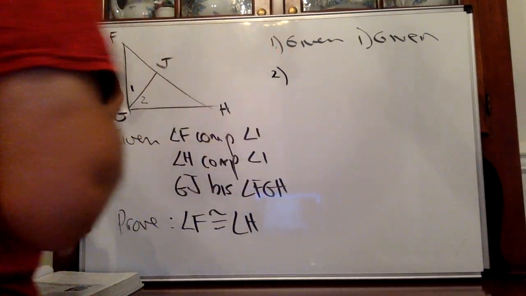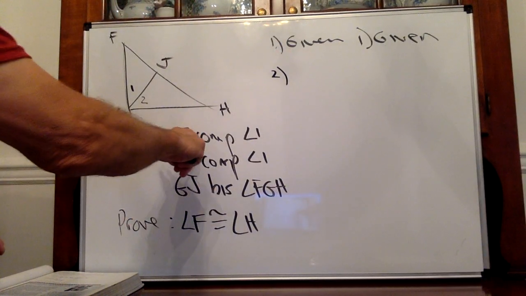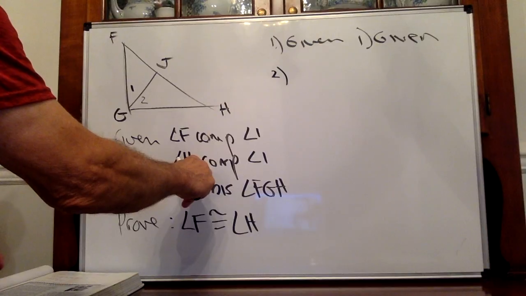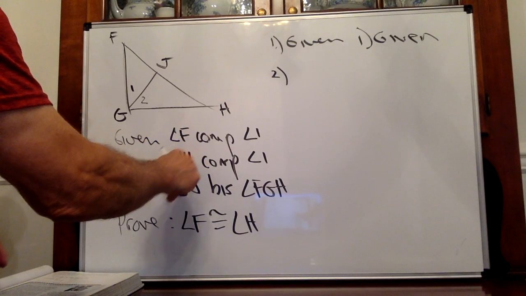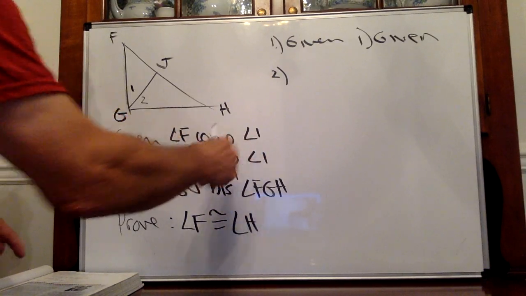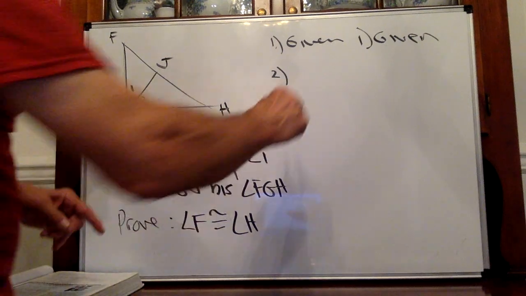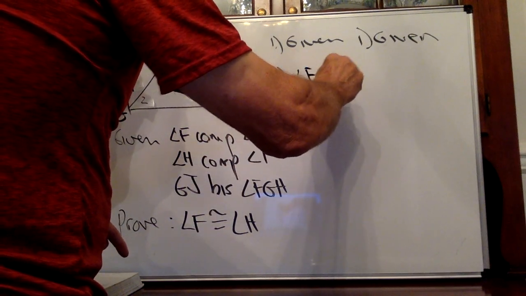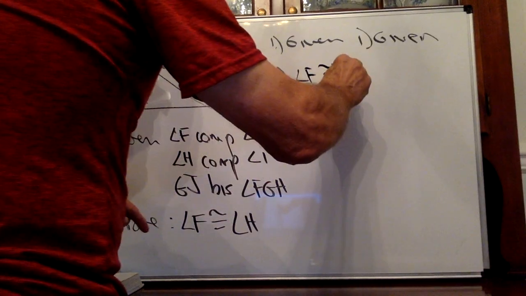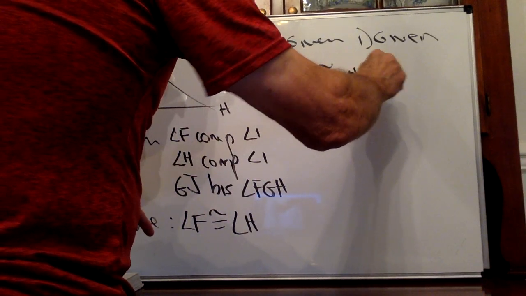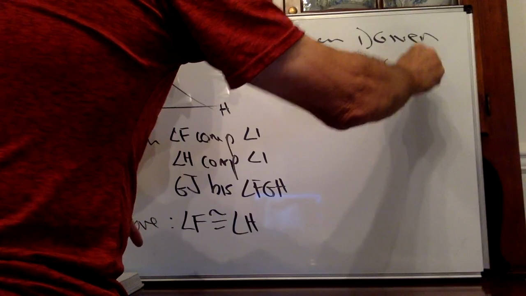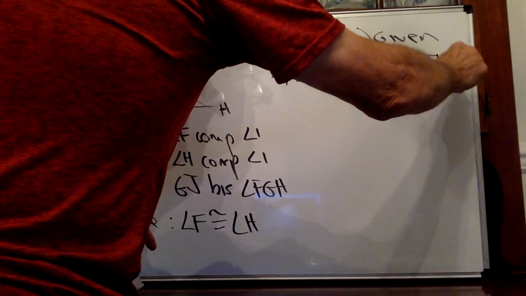All right, now, statement 2. Given these two statements, F and H are complementary to the same angle. That makes angle F congruent to angle H by the complement theorem. That's the reason.